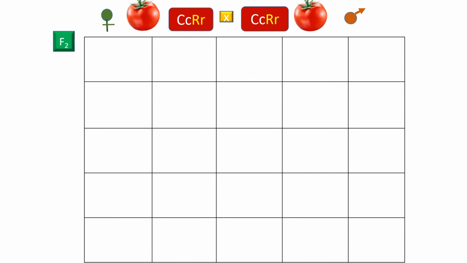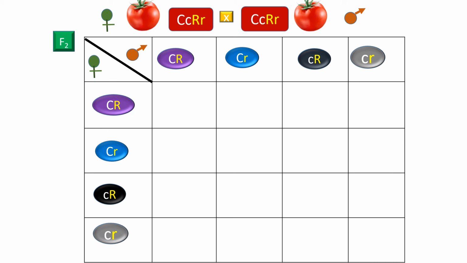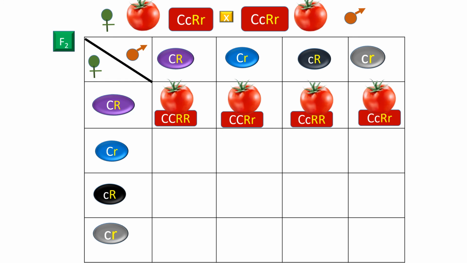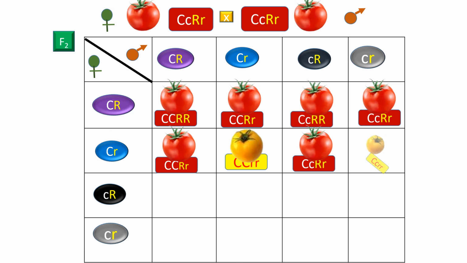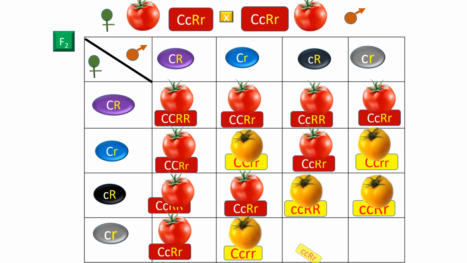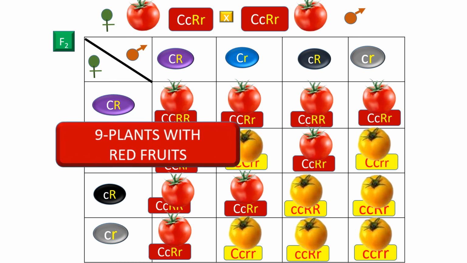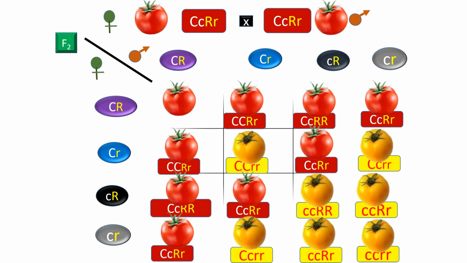Plants that produce red fruits. Nine plants with red fruits, 7 plants with yellow fruits, accordingly.